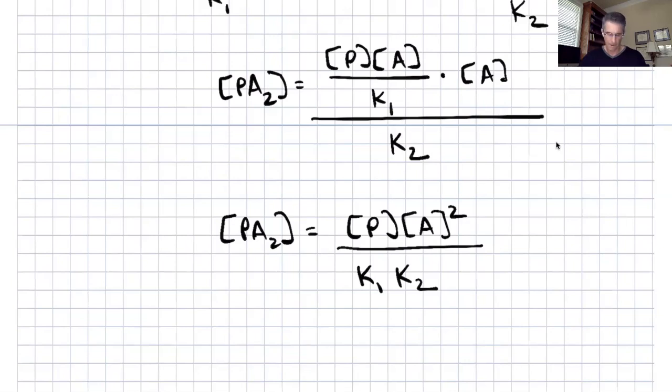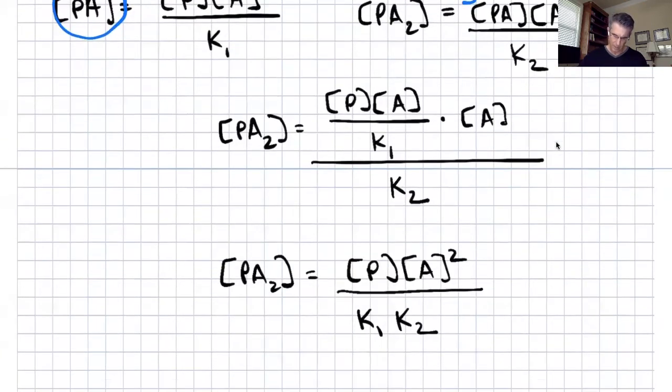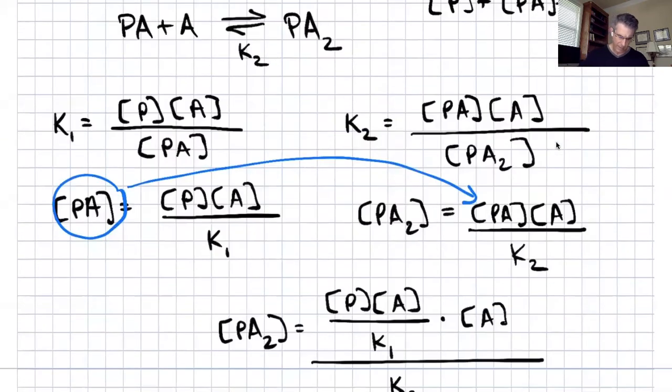All right. But we've now got our concentration of PA2 in terms of P and A, free P, total A, K1 and K2. Take that guy. We've got that definition for PA.